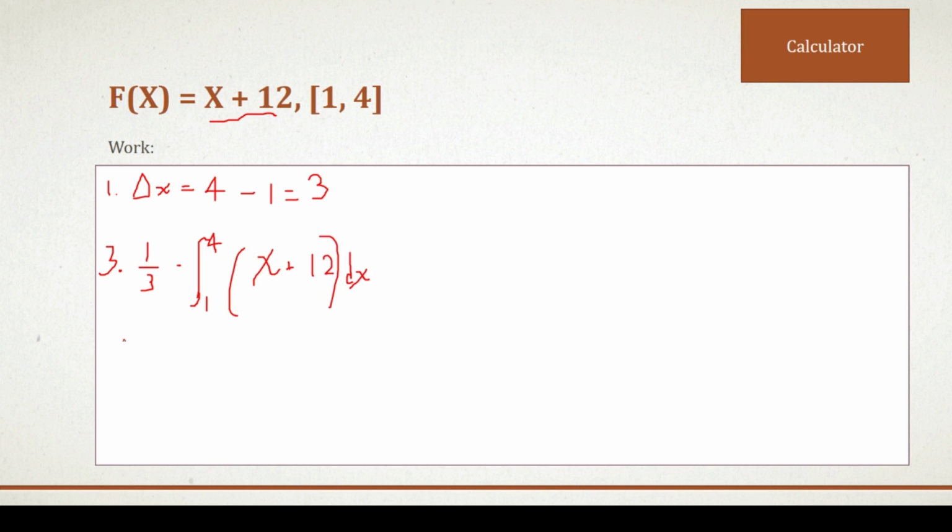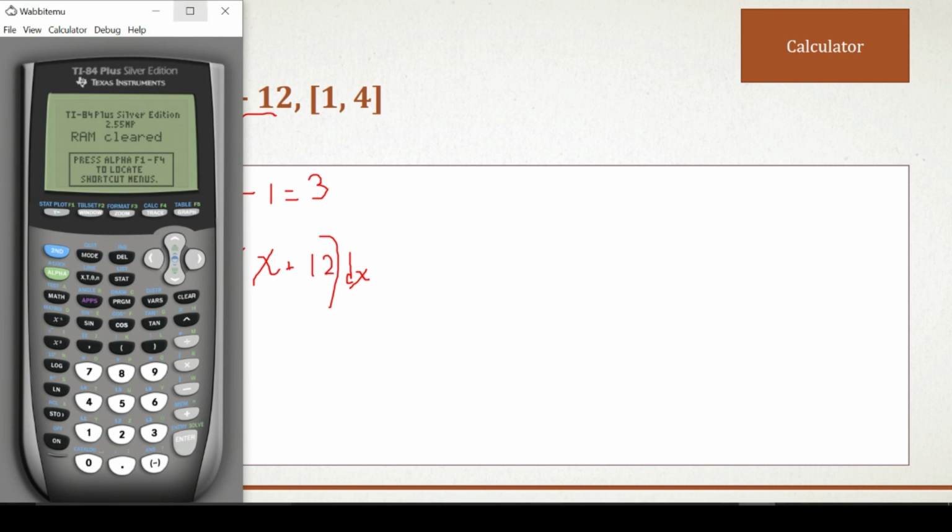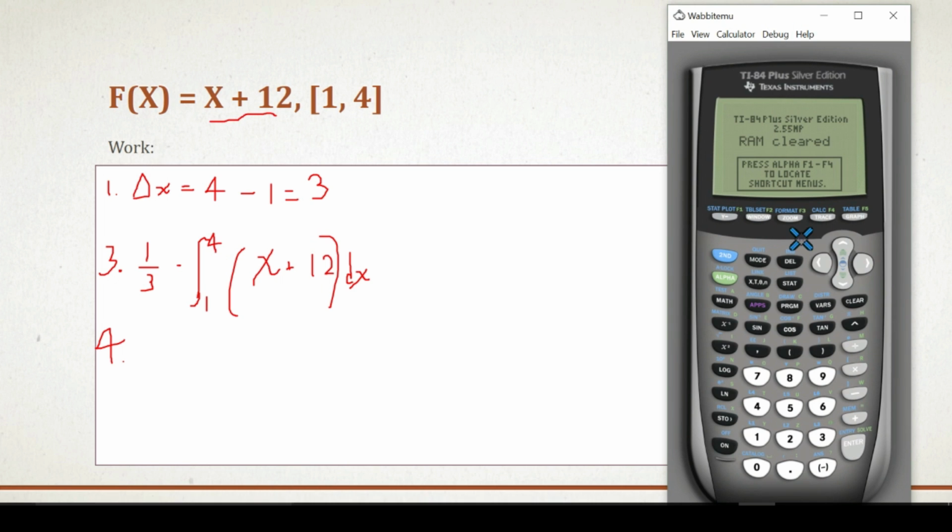Our step number 4 is just to plug this into our calculator or solve it manually. I'm going to show you how to do it on a calculator. This is a TI-84 Plus, but if you have a TI-Nspire, then you could probably solve it the same way. The buttons might be slightly different, like rearranged, but it's still the same process, I believe.